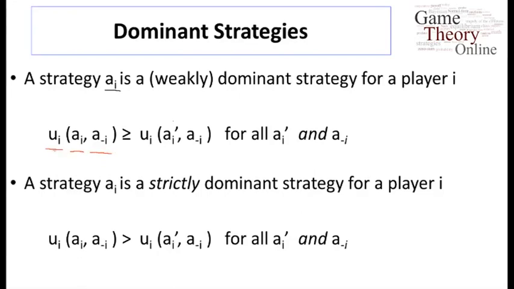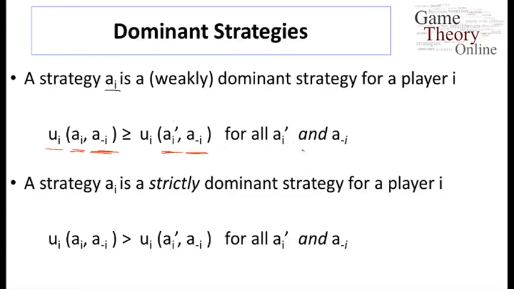So what we are requiring in order for a sub i to be a dominant strategy is that for any other action by the agent, the payoff for the agent when they take a sub i and the other agents take a sub minus i is always higher than if the agent were to switch to some other strategy, a sub i prime.